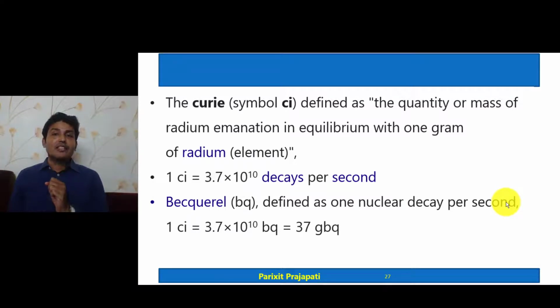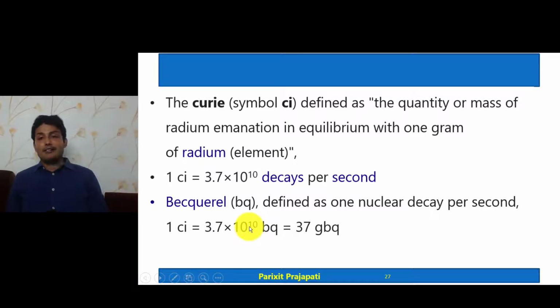Now what is Becquerel? Becquerel is 1 nuclear decay per second, or 1 DPS. So 1 Curie is 3.7 × 10^10 Becquerel. So these are the common units, Curie and Becquerel.